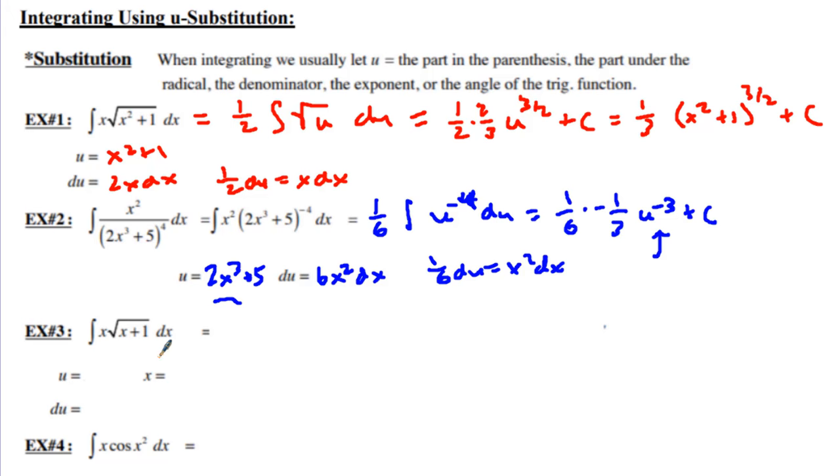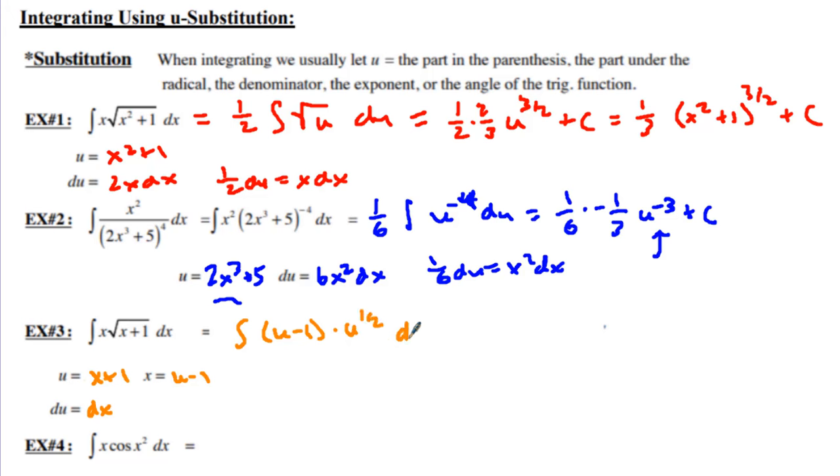We also, don't forget, some examples where you have some weird values where we're definitely going to use x plus 1 for our u, which means our du is going to be equal to our dx. That's nice. But see, we have an x in there. So we're going to have to rearrange this and say x is equal to u minus 1, which means this x is equal to u minus 1 times the square root of u, or u to the 1/2 power.